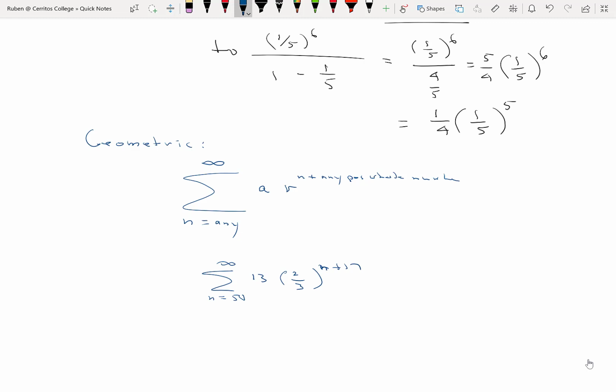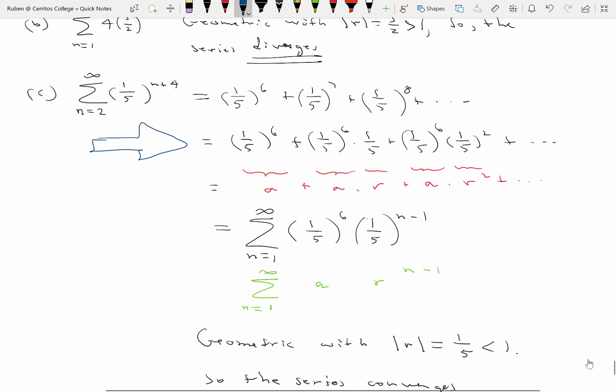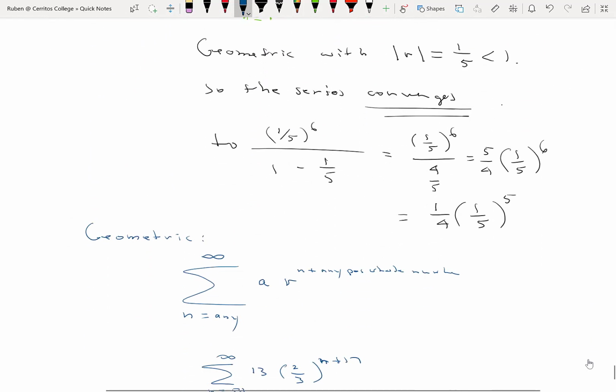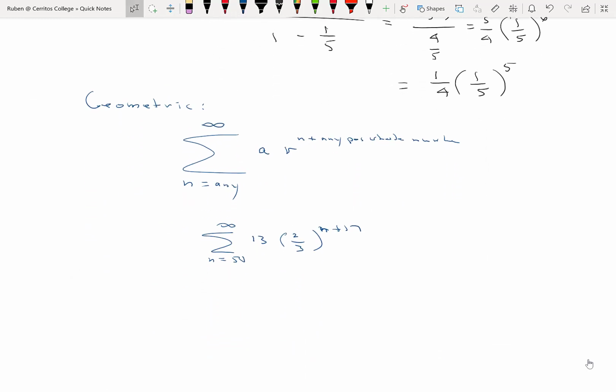We could do exactly what we did with the part C example and force this to be exactly of the form the sum of a r to the n minus 1, ranging from 1 to infinity. We could do it.